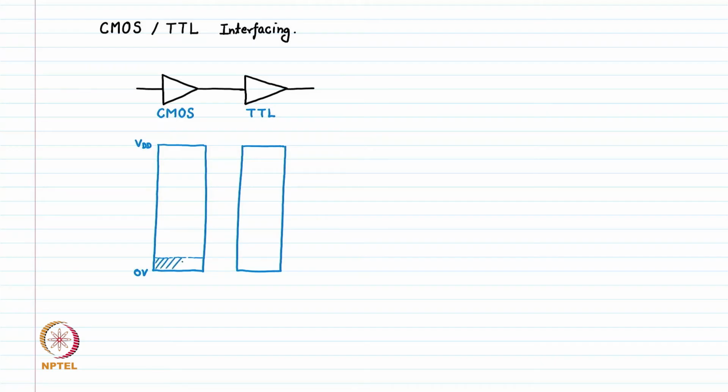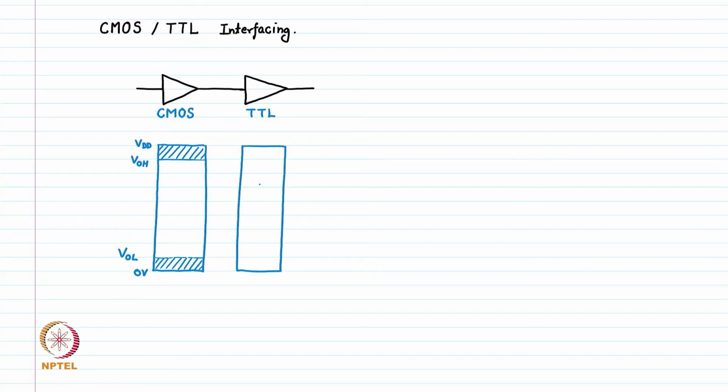This is the VOL level. For a CMOS, the VOH level is very close to the supply voltage. This is VOH for a CMOS. So the output becomes immediately lower than VOL in case of low, and the output will be immediately above VOH for a logic 1.